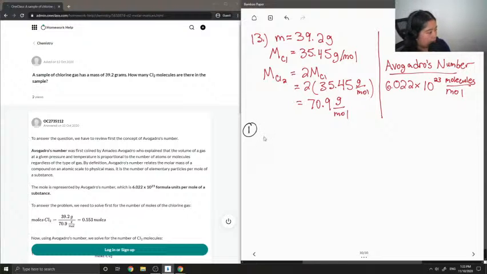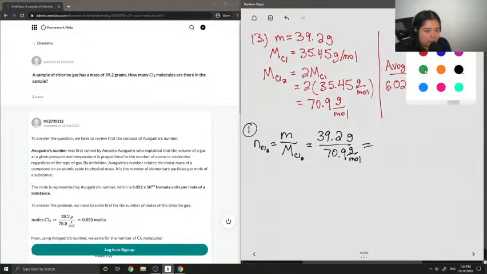The first step is to calculate the number of moles of chlorine. If you don't remember, number of moles can be calculated by performing mass over molar mass. So what was given in the question was 39.2 grams, and we just found the molar mass of chlorine gas to be 70.9 grams per mole.